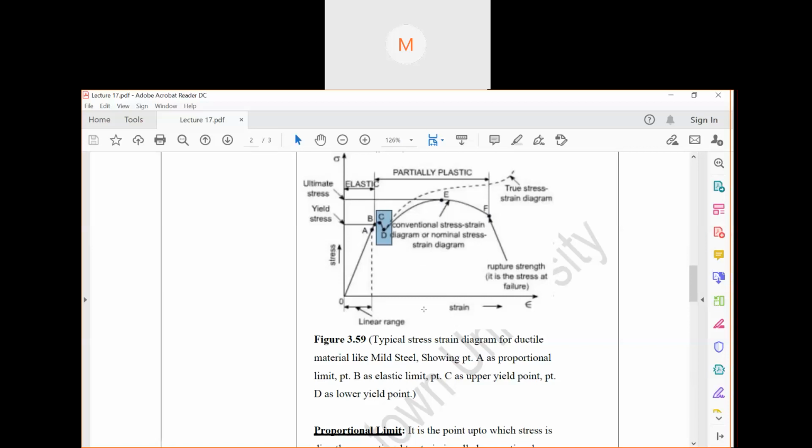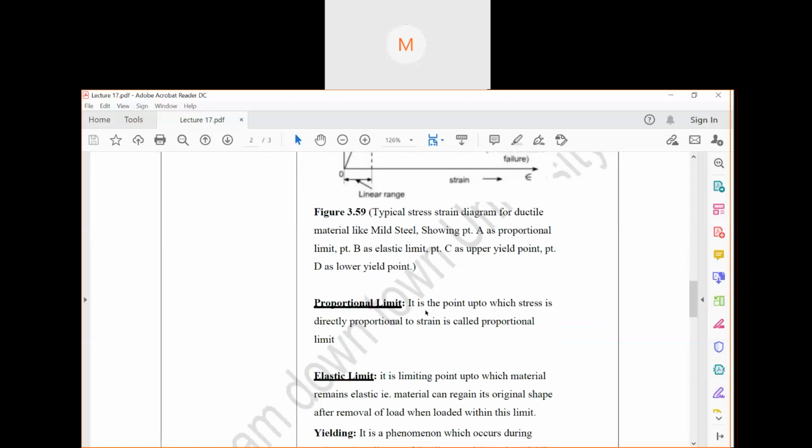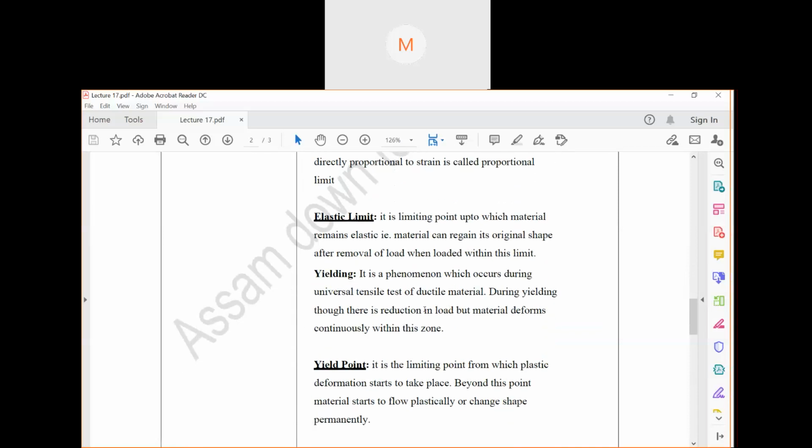So the material is deforming. So this is how it will come to the upper and lower yield point. Now at the lower yield point, that is point number D, it is the point from which plastic deformation starts place. Now what is the difference between elastic and plastic?